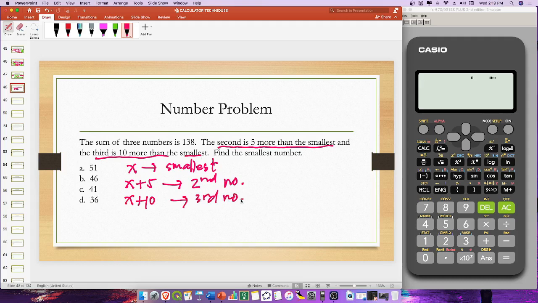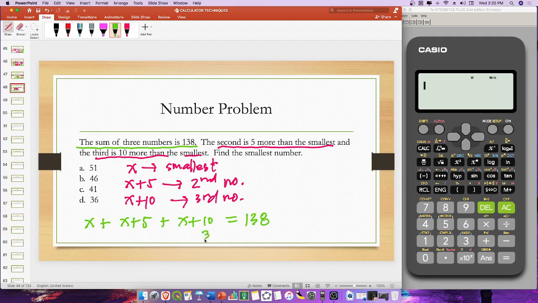Okay, so according to the problem, the sum of the three numbers is 138. So if we add the three numbers, this is my smallest number, this is my second number, and this will be my third number, which is equal to 138. You can easily solve the value of the smallest number by combining like terms.